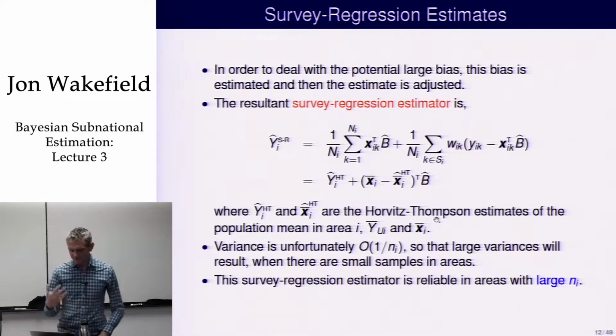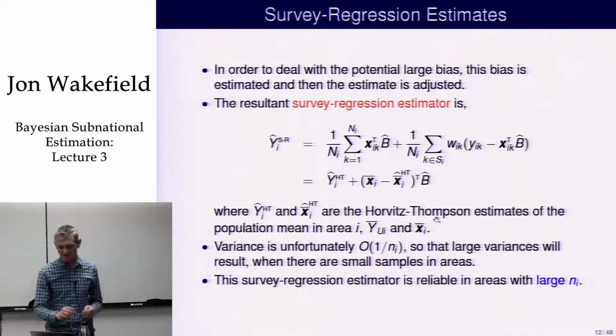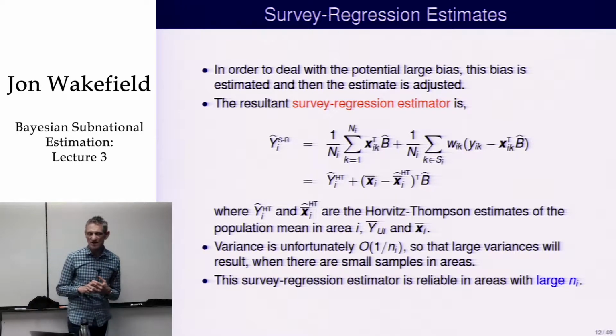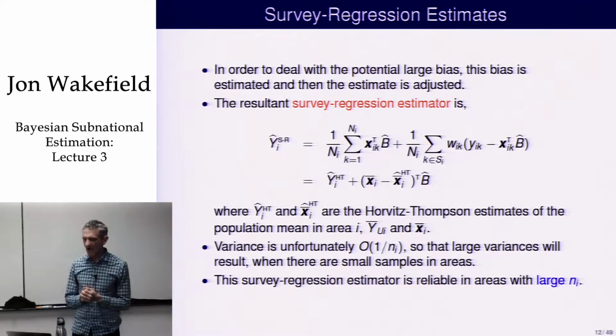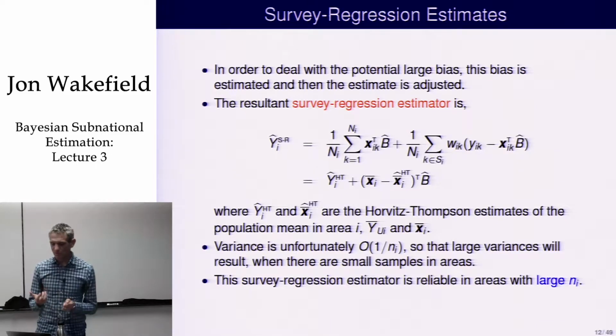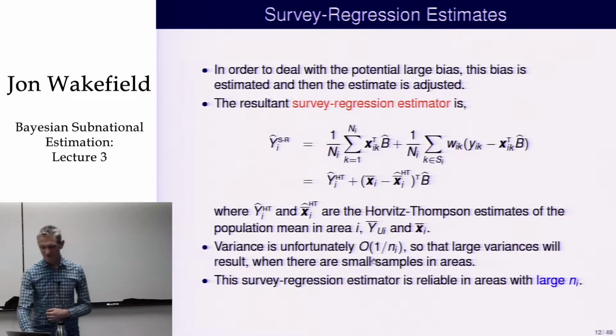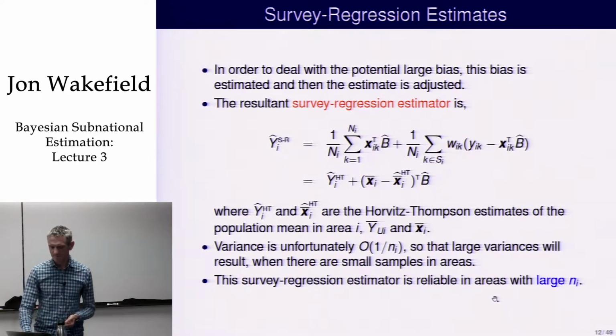Now, unfortunately, this is very nice, this estimator in a certain sense. It's very appealing, it's intuitive, but the variance now is of order 1 over little n_i. So it depends on the number of samples you have in area i. So the areas with small samples are going to have very unreliable estimates, whereas the survey regression estimator is going to be reliable in areas with large n_i.